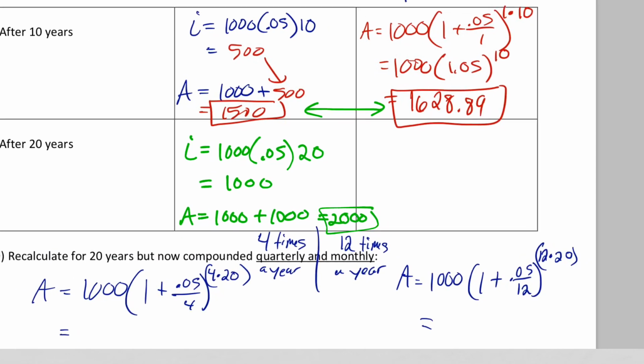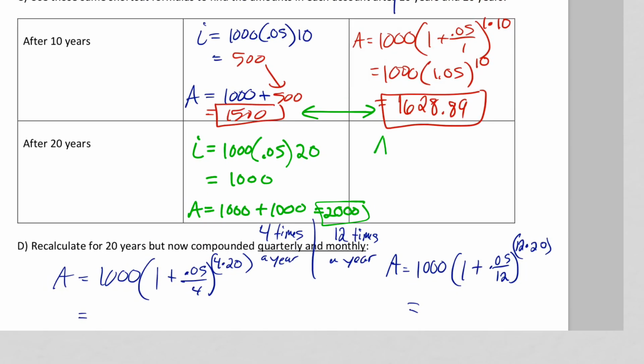And then over here, we have compound interest. One times 20. So basically this is 1,000 times 1.05 raised to the 20th power. And we're going to get 1,000 parentheses 1.05 close parentheses raised to the 20th power.